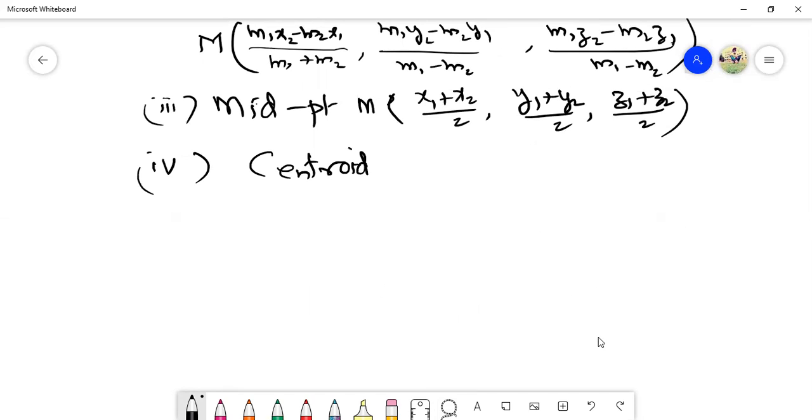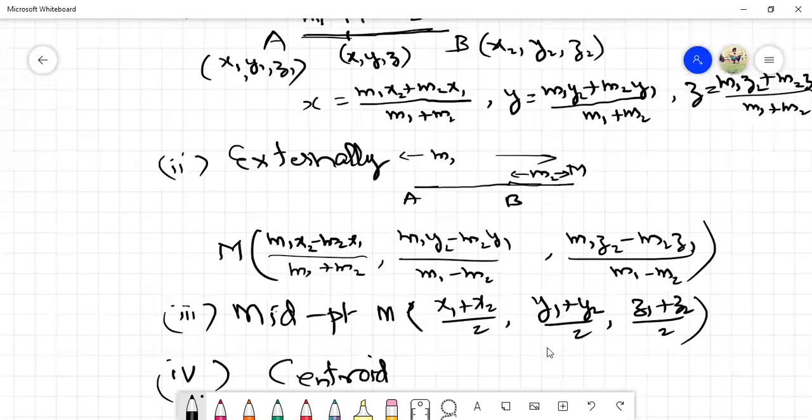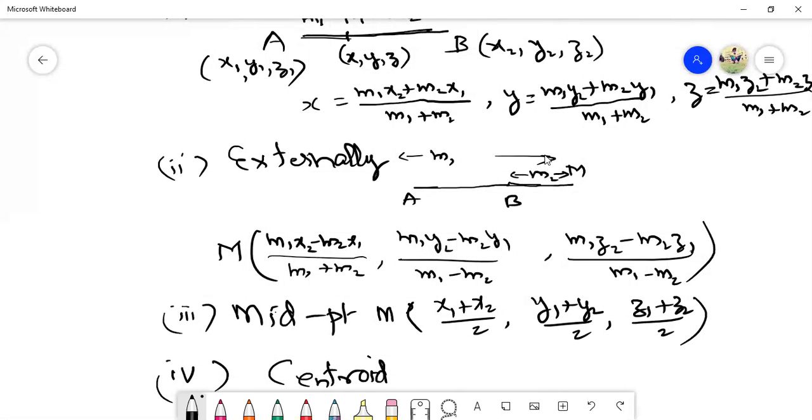Centroid formula is yes. m1 minus m2. Yes, Sharik, the denominator will be m1 minus m2. m1 will be bigger because you can see in this formula, since this distance is m1 more, it is m1 minus m2, the bigger one minus the smaller one.